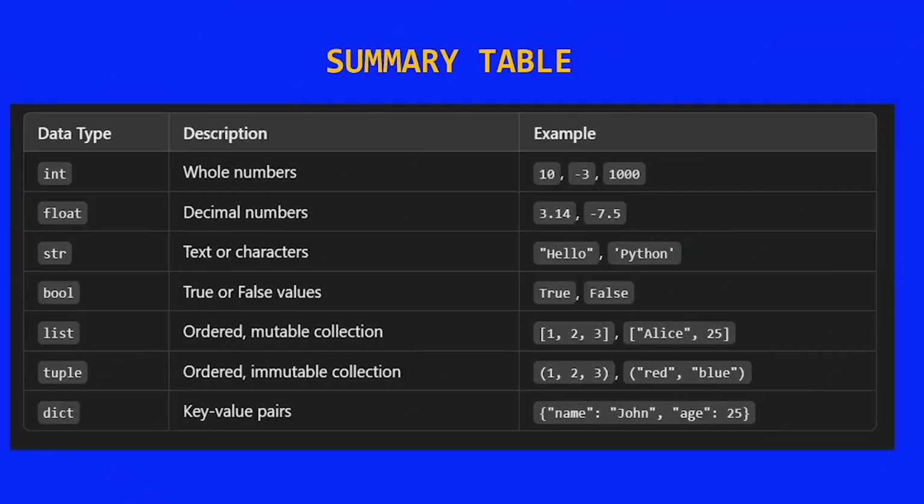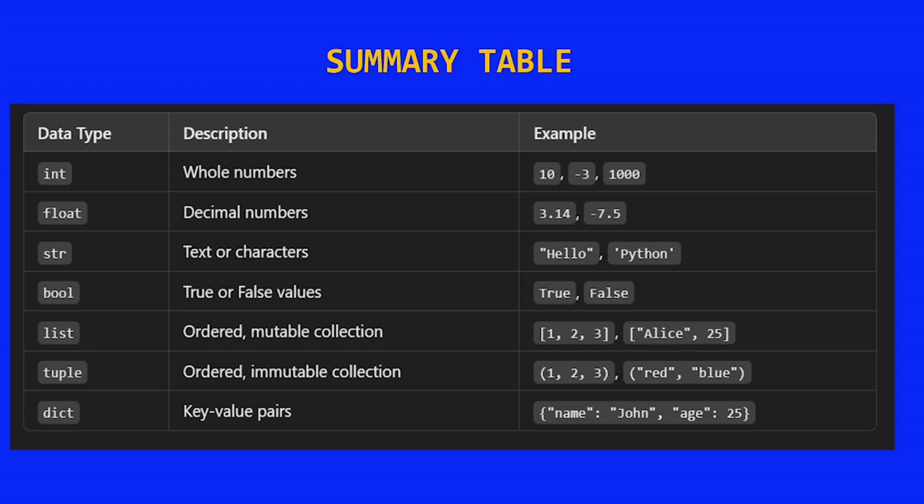So this is a summary table: data type, description, and example. So int is a whole number, and examples include 10, -3, 1000. Float is decimal numbers, like 3.14, -7.5. Str or string is text or characters, like Hello Python. Booleans are true or false values.